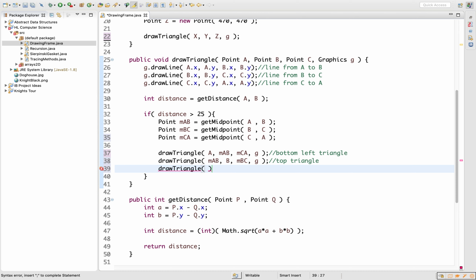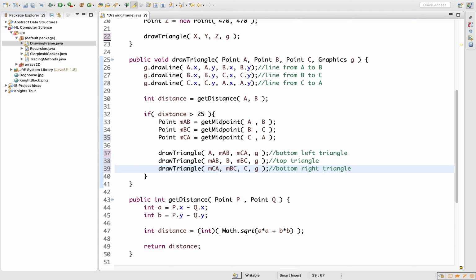So that's the bottom right triangle. So that's going to start at the midpoint of C and A, go to the midpoint of B and C, and draw over to C. And I didn't forget G that time, guys. So there you go. And this is the bottom right triangle.